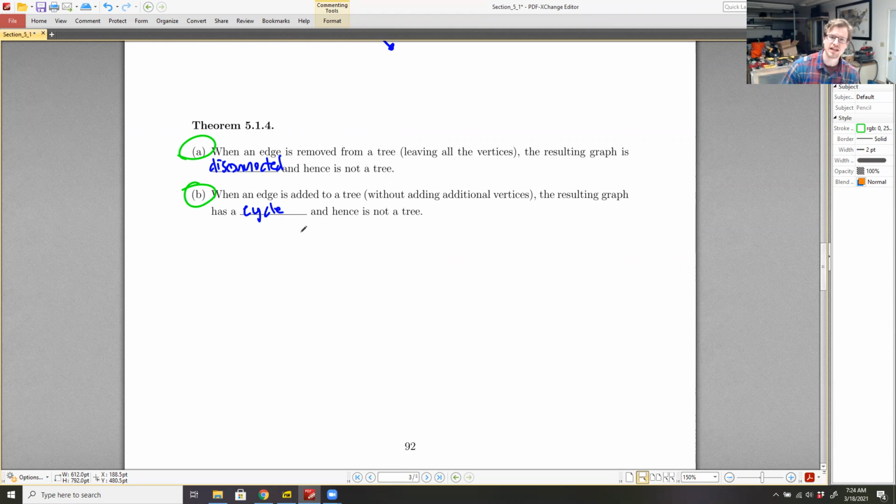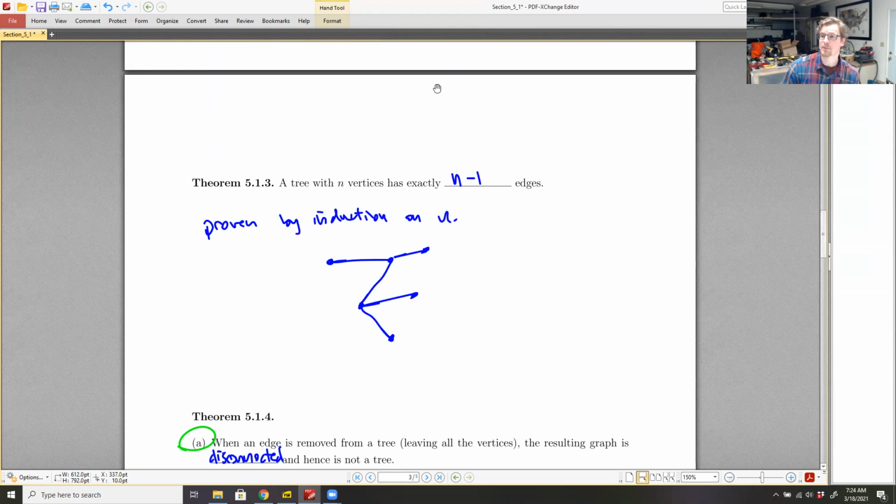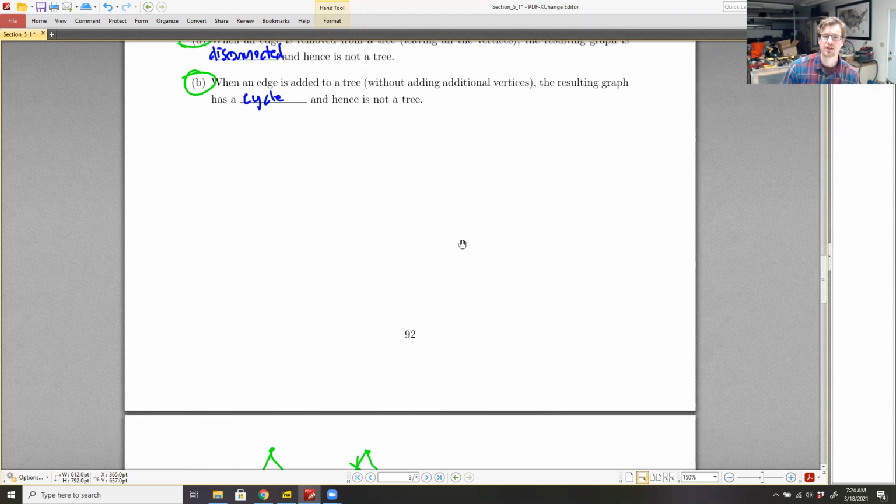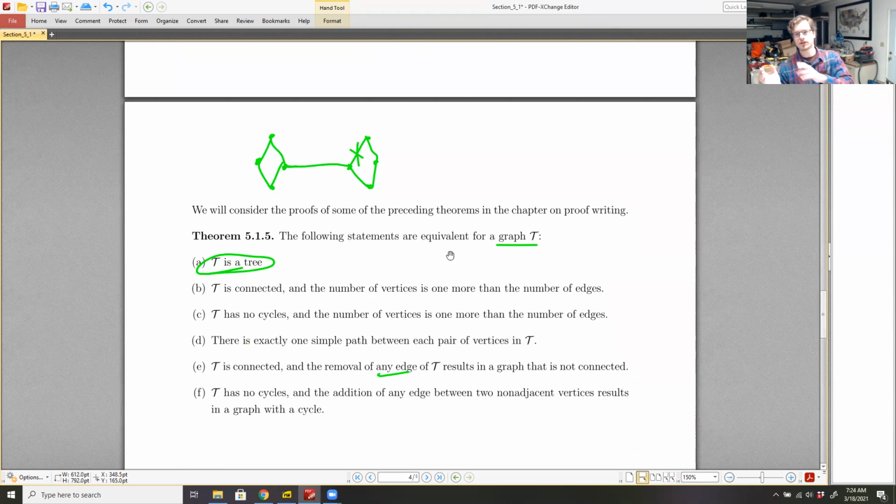Okay, so we said that if it's a tree, then we get all of these things, but we actually have the ability to go backwards as well. We have the ability to go backwards from many of these properties to the fact that the graph is in fact a tree.